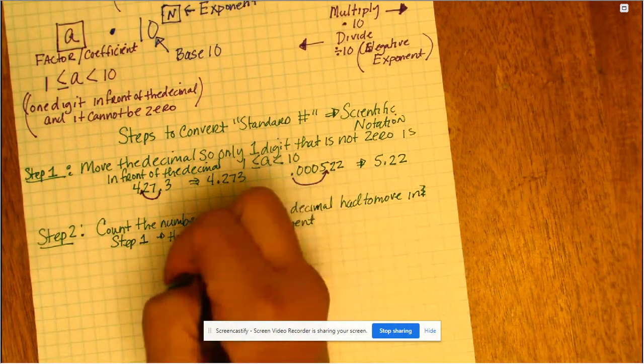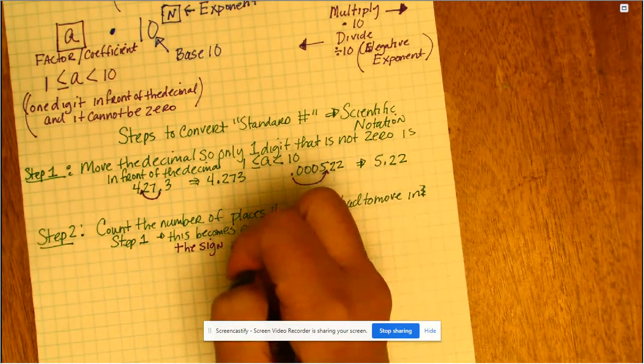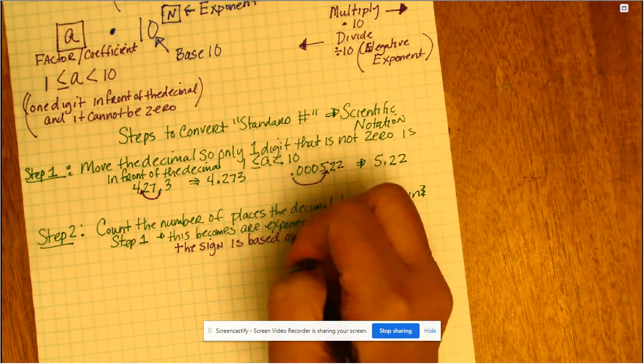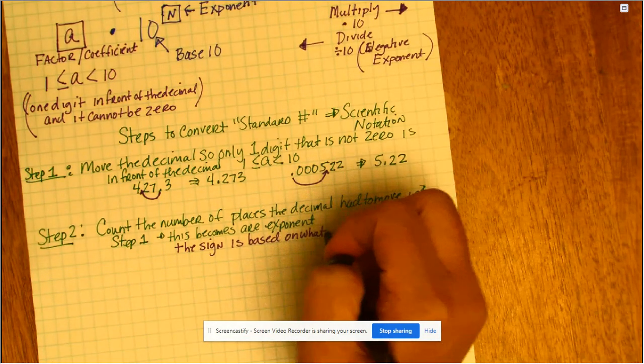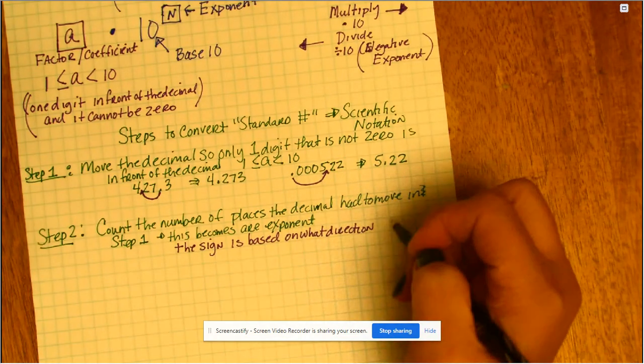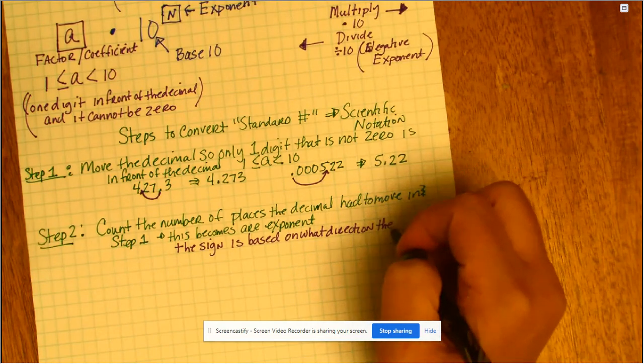Okay, and the sign of the exponent is based on what direction the decimal moved.